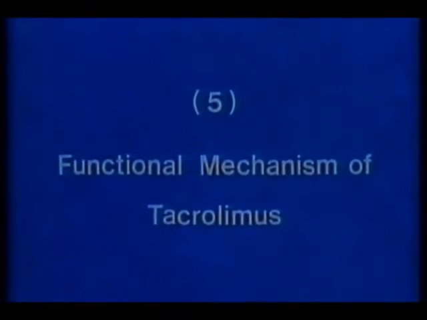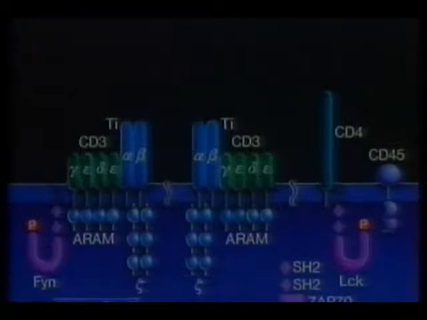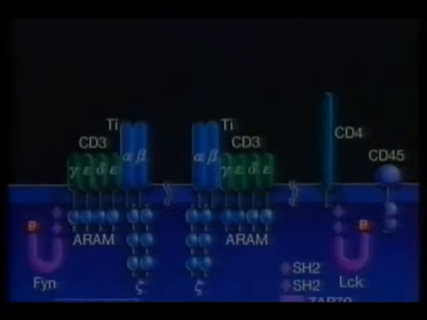In recent years, remarkable progress has been made at the molecular level in explaining the mechanism of IL-2 production from helper T cells. Here we can see the mechanism of antigen recognition by T cells. When antigen recognition takes place, the stimulation becomes an intracellular signal which is transmitted to the DNA, and IL-2 is synthesized.